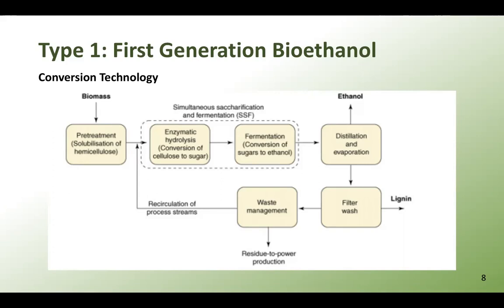The ethanol obtained is sent for distillation and evaporation to finally get bioethanol, which is the final product. As for the waste, it can be recycled and sent to undergo filter washing and waste management, while lignin, the byproduct, can be used in heat production, which can be discussed later in the applications.